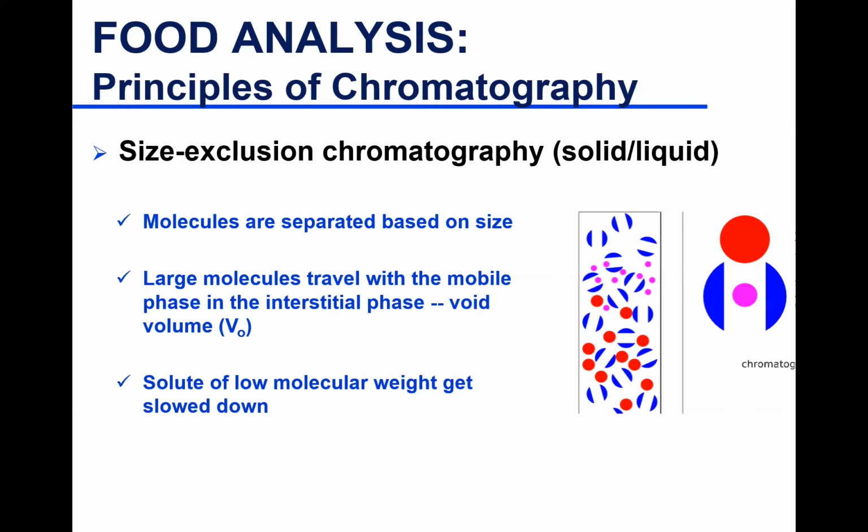So large molecules travel with the mobile phase and go out in what we call the void volume. That means the large molecules don't have space to go into any of the pores. Your column is packed with a certain material made up of uniform particles, and each particle has pores.